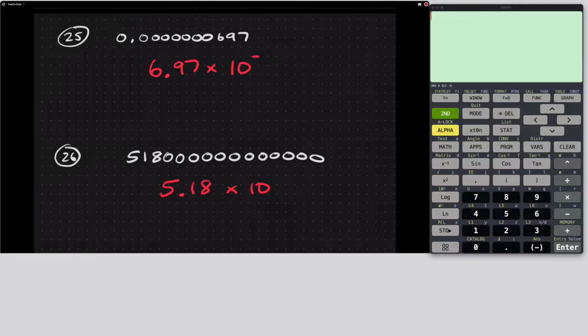Now, because this number is larger than 1, the power is going to be positive.